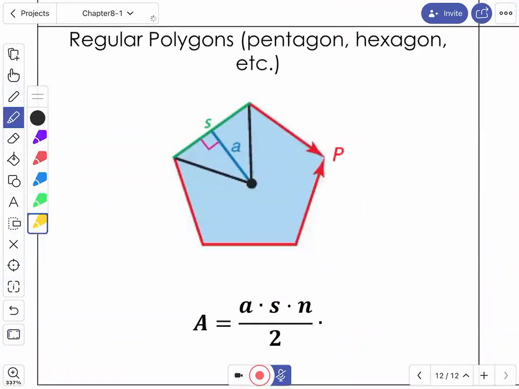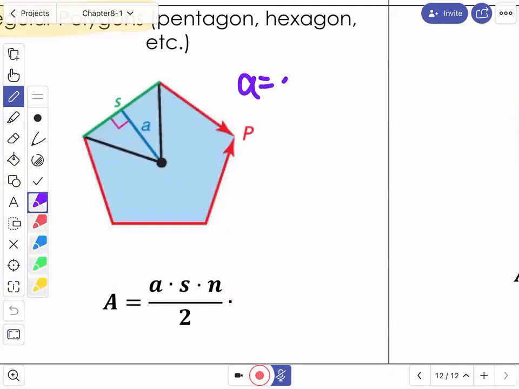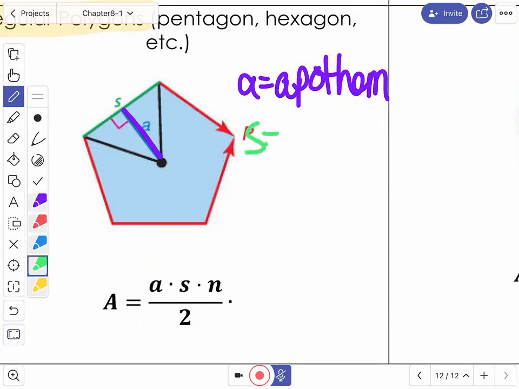Our next polygon that we looked at was for any regular polygon. Again, these are for the ones that have sides that are more than 4. And we have to use the apothem. So remember, we need 3 numbers. We need the A, which again stands for the apothem. So there's our A. We need a side length.